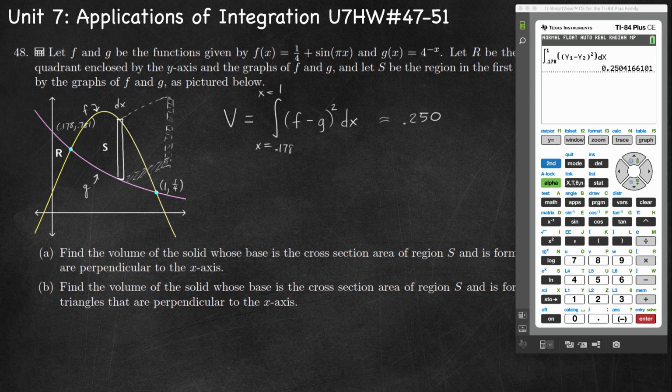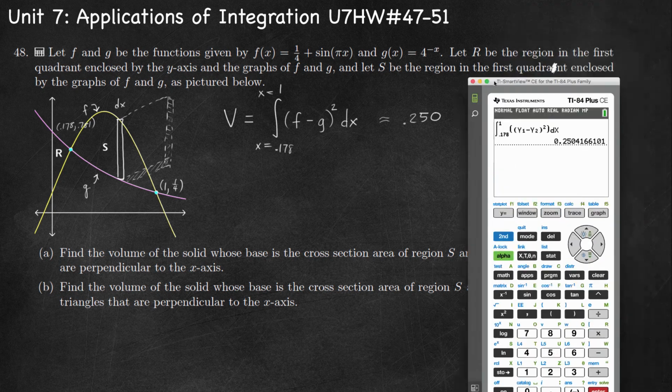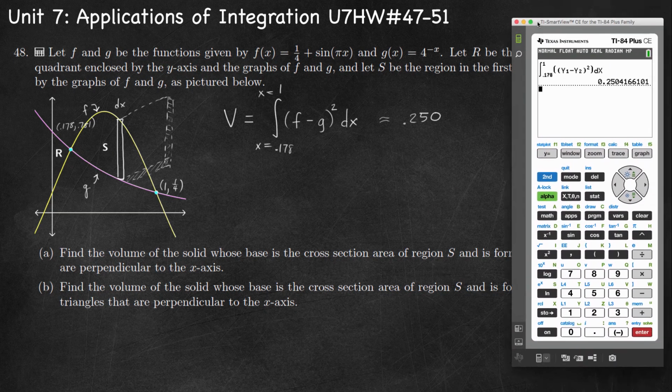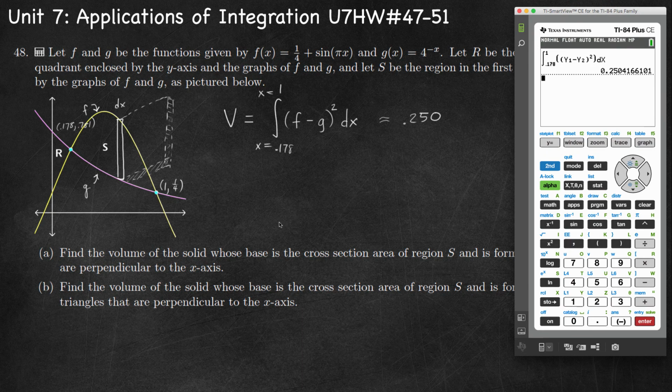Now part B is asking us to find the volume of the solid whose base is the cross-section area of region S and is formed by equilateral triangles perpendicular to the x-axis. So the only thing that changes here is the coefficient. And I've already computed the integral, and I got about 0.25 for the square with the coefficient of 1.